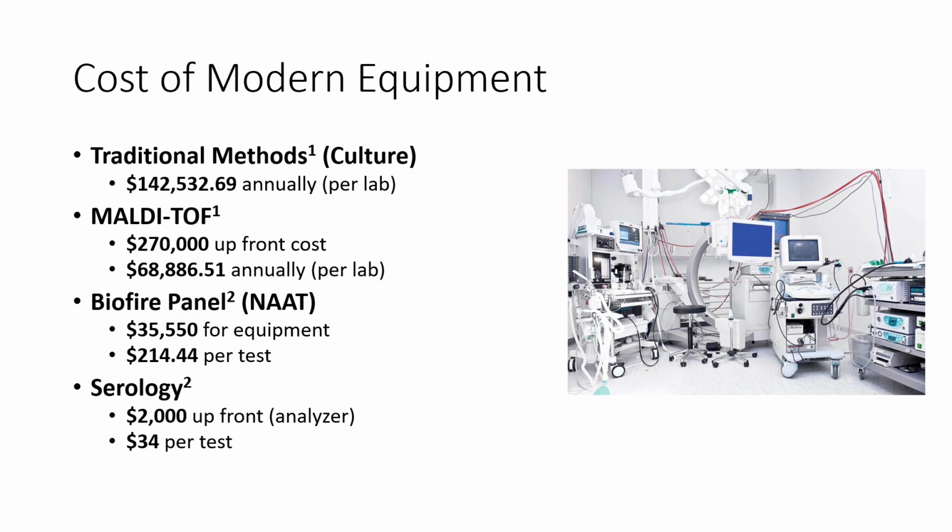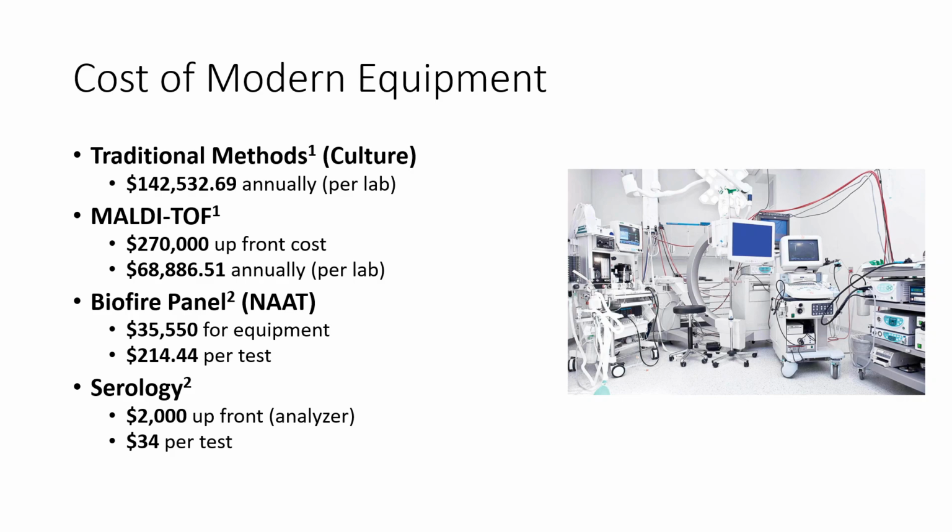So, state-of-the-art methods for diagnosing infectious diseases can prove quite costly. Traditional methods that involve culture cost an average of about $140,000 per year per laboratory. A MALDI-TOF machine can cost up to $270,000 up front and costs about $70,000 to run each year per lab.